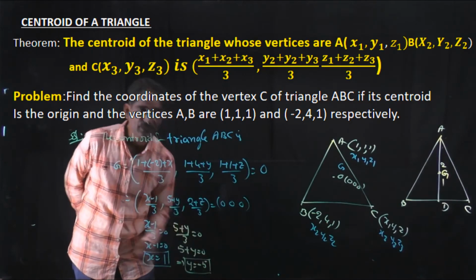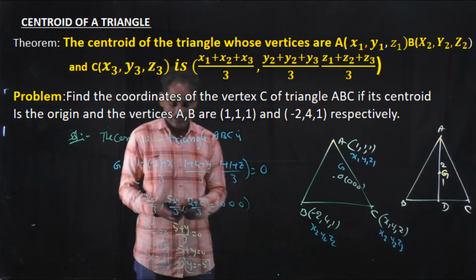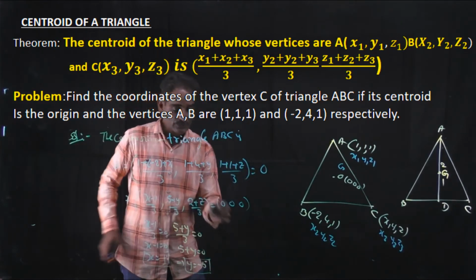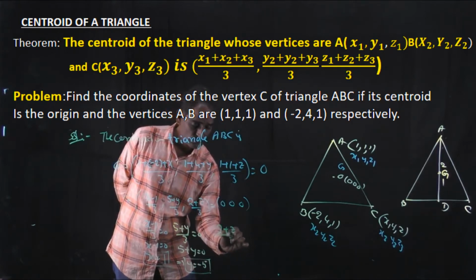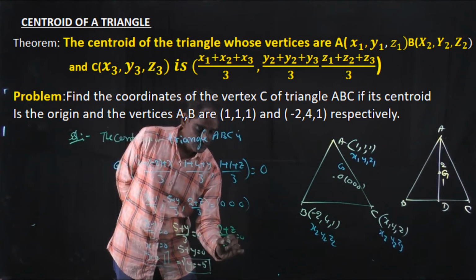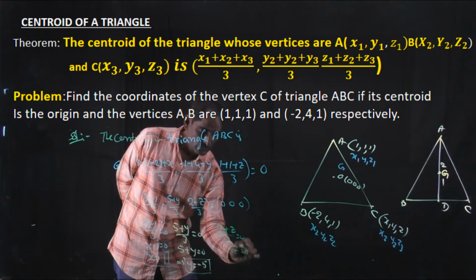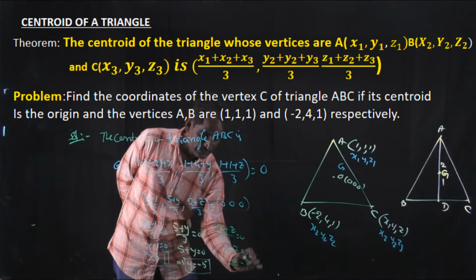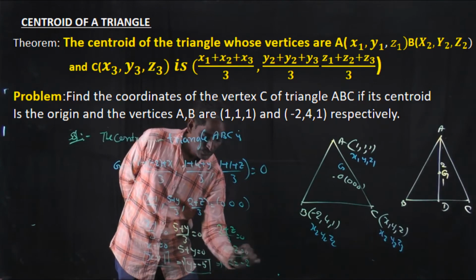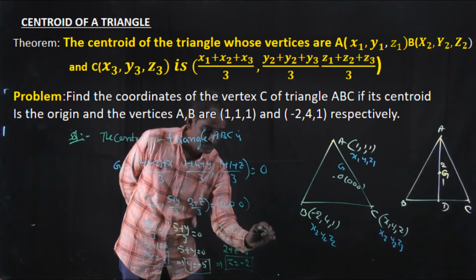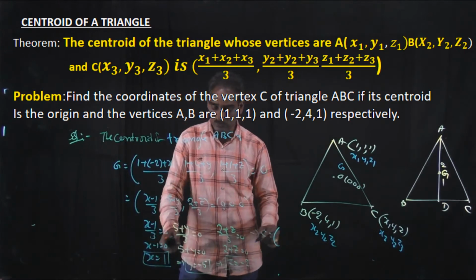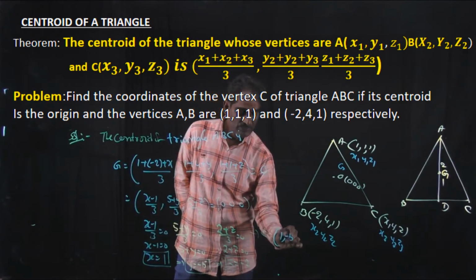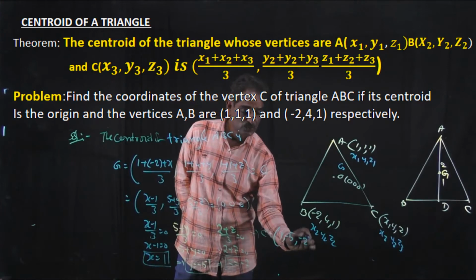This is the y coordinate. Next, the z coordinate: (2 plus z) by 3 equals 0, so 2 plus z equals 0 and z is minus 2. So the coordinates of the required point C are 1, minus 5 and minus 2.